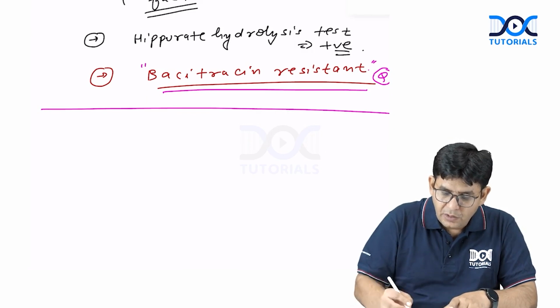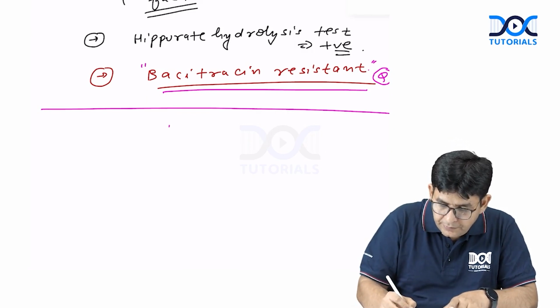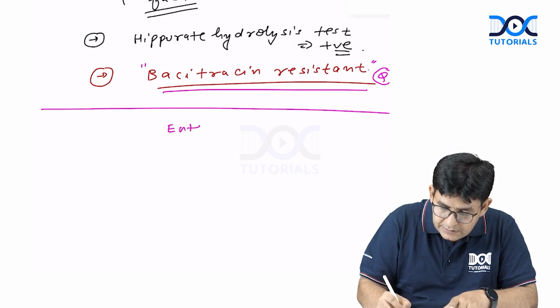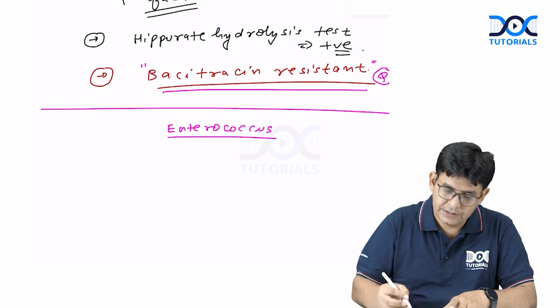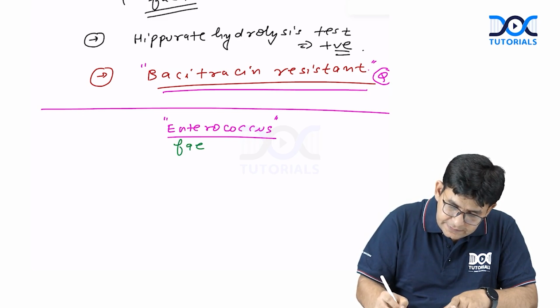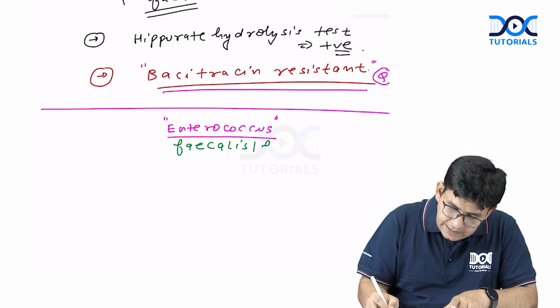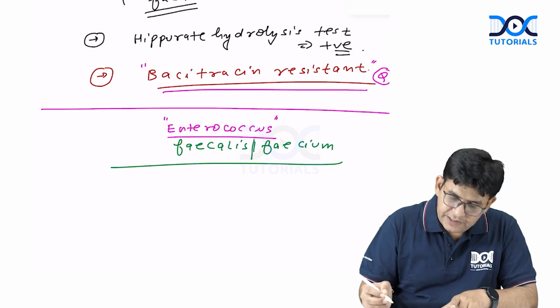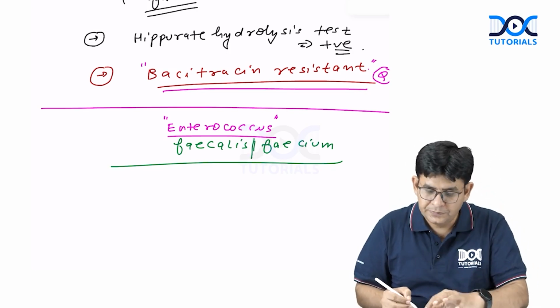Now, talking about Enterococcus. Enterococcus faecalis and faecium. These two names you need to know. One is faecalis and one is faecium.